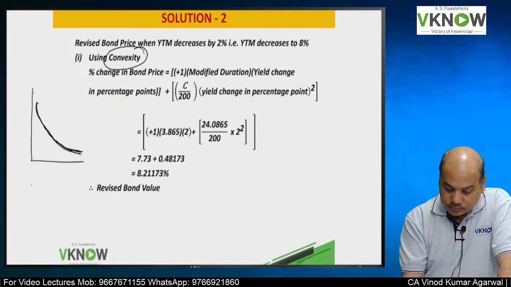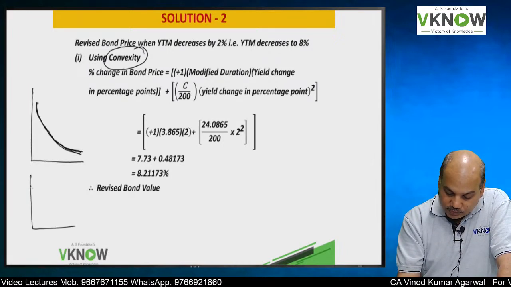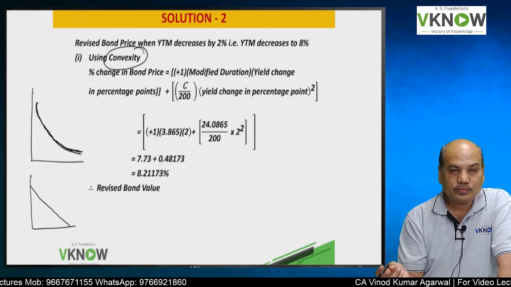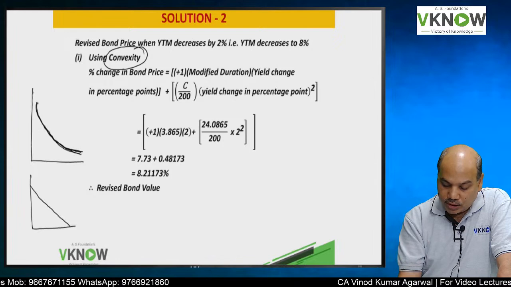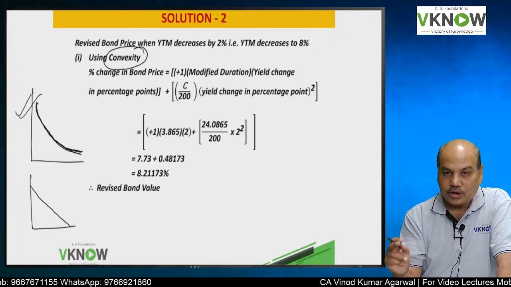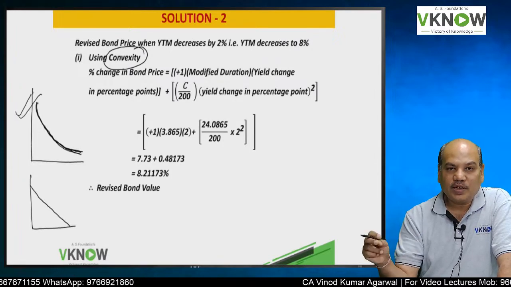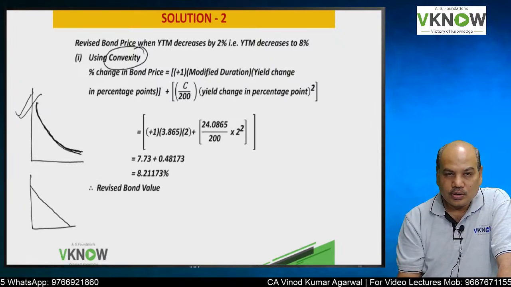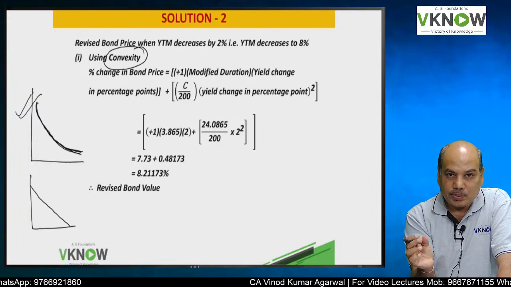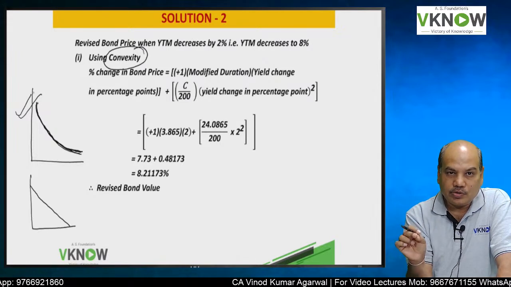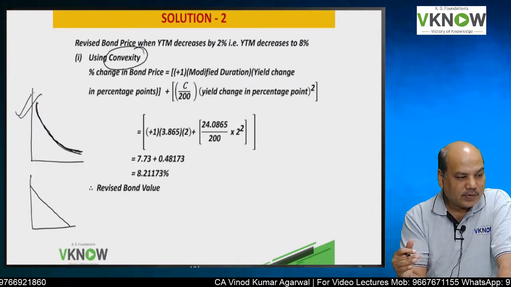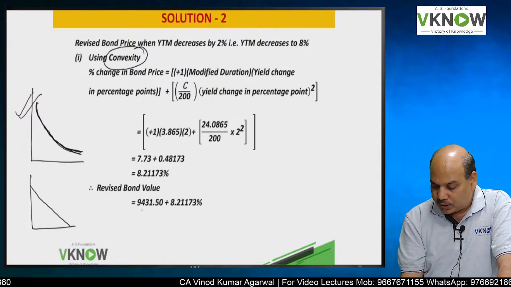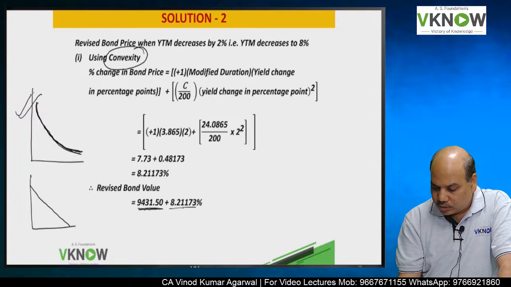Modified duration, which I am going to discuss after this, assumes a straight line relationship, which is not true. Hence convexity is a better way of estimating the revised bond price. It takes into account the fact that the relationship between bond price and YTM is not linear, but a curvilinear relationship.